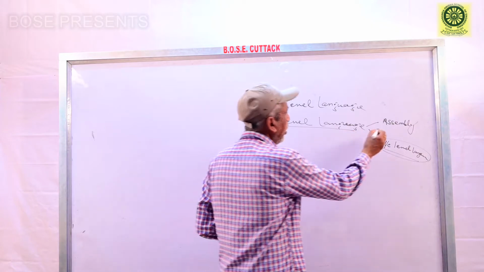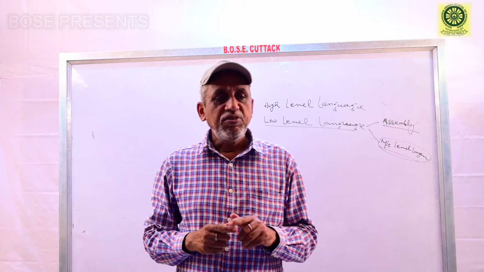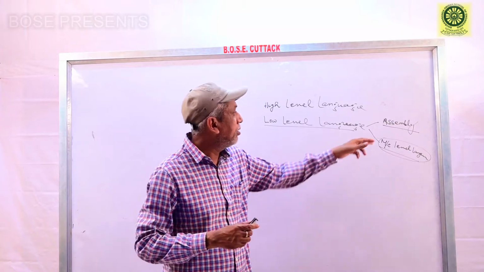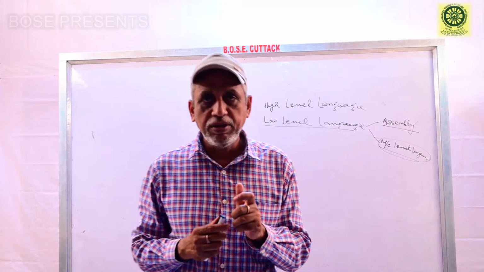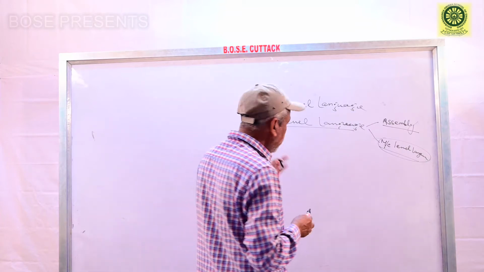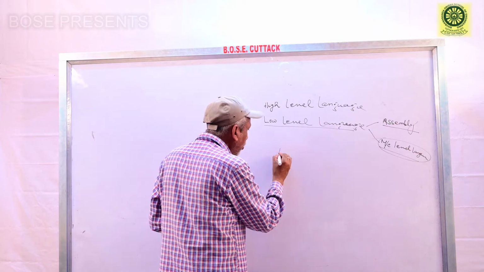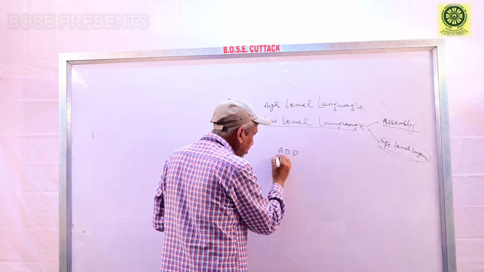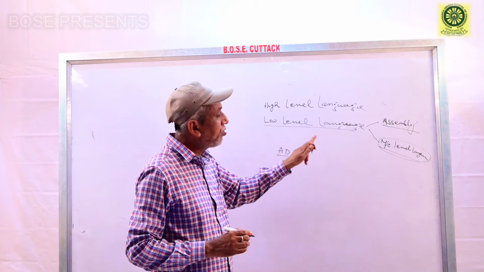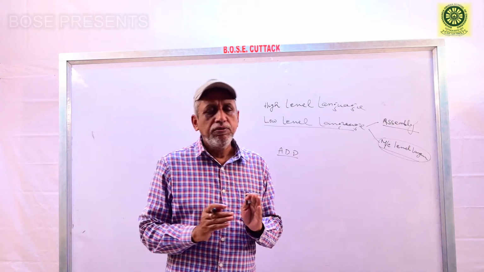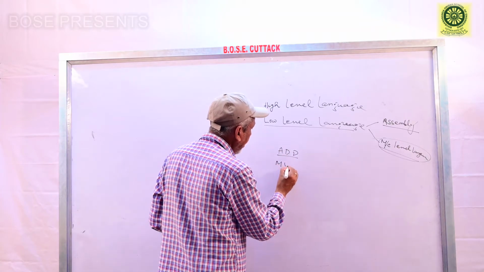Another is assembly language. In assembly language, special codes are used. For example, for addition of two, the code is ADD, meaning addition of any two. The second one is multiplication, MUL.